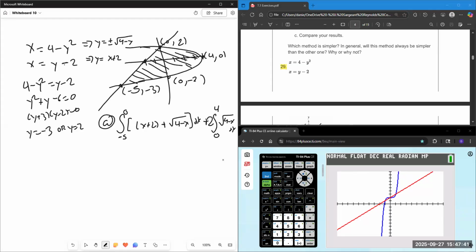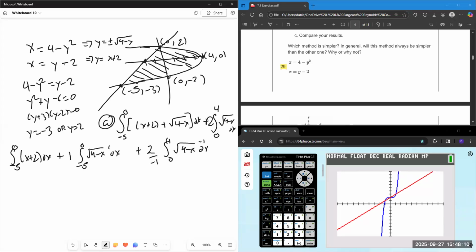So this is negative 5 to 0 of x plus 2 dx plus negative 5 to 0 of root 4 minus x dx plus 2 integral 0 to 4 of root 4 minus x dx.